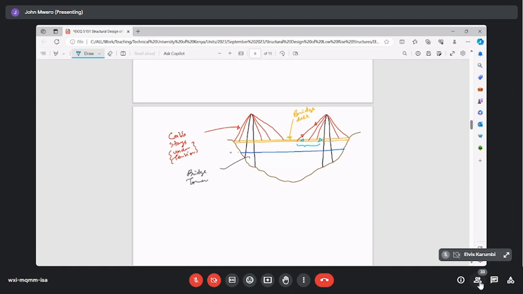So we will say this element here will be under compression and bending, making it a beam column.